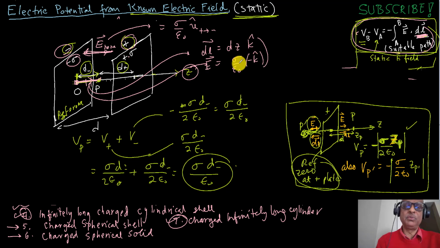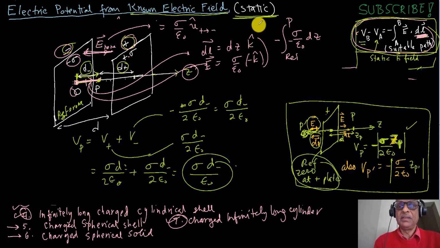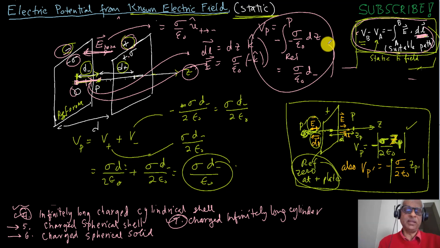If I do this dot product, I get sigma over epsilon naught dz, with this minus, and I go from reference to the point P, this should be Vp. And so this is going to be sigma over epsilon naught d minus. So you can see right away that if you first superpose the electric field and then do the integral, that also works out the same way. Okay.